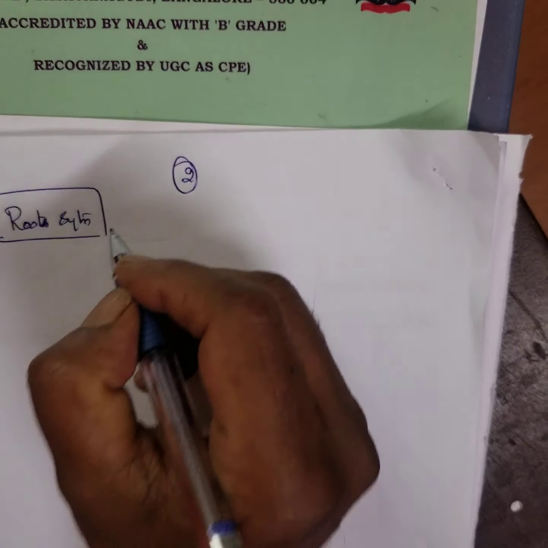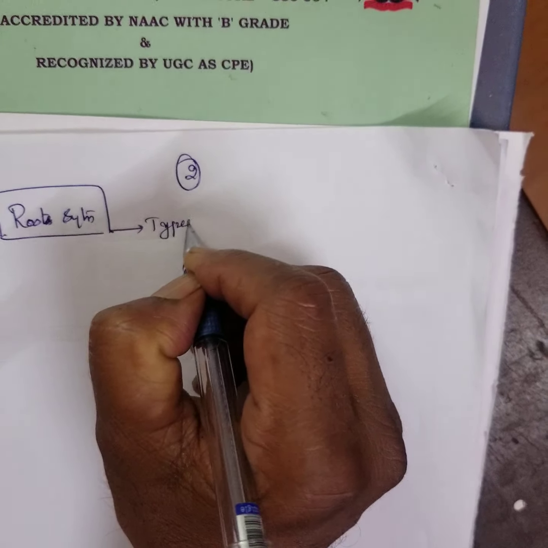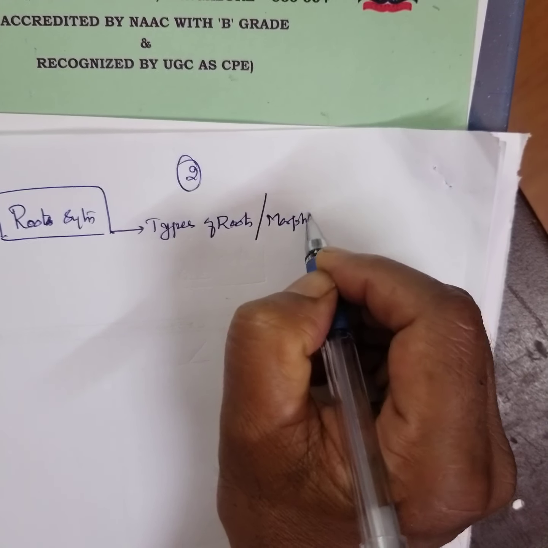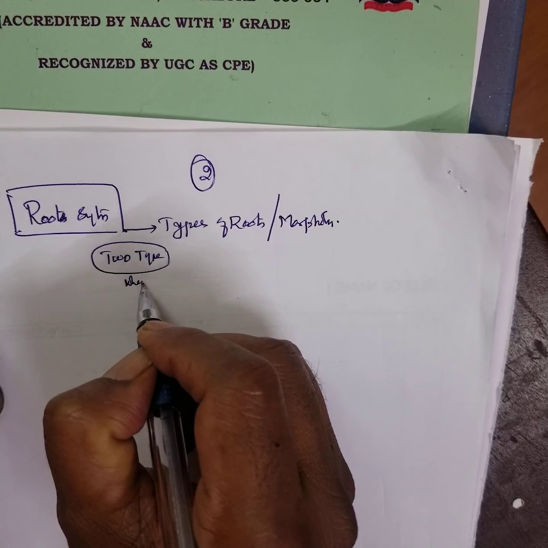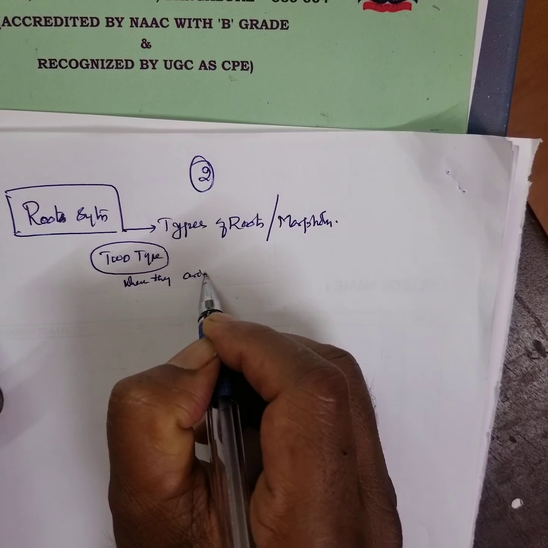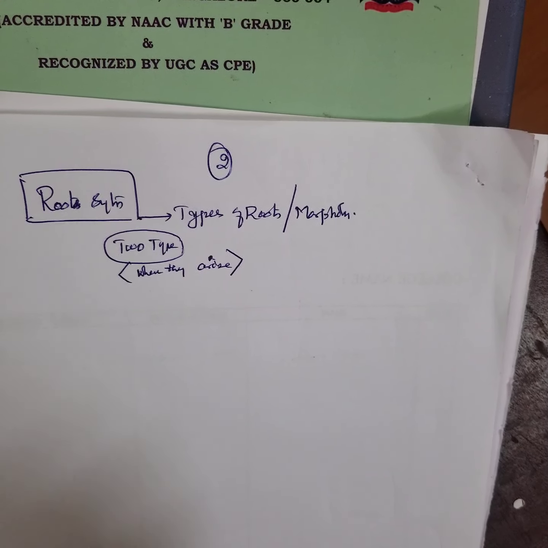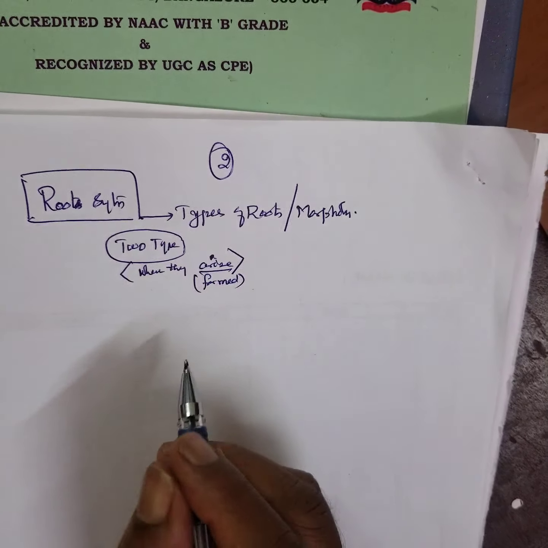Now today we will discuss the root system and types of roots. That is morphology, part 20. There are two types of roots based on where they arise, or where they are formed.